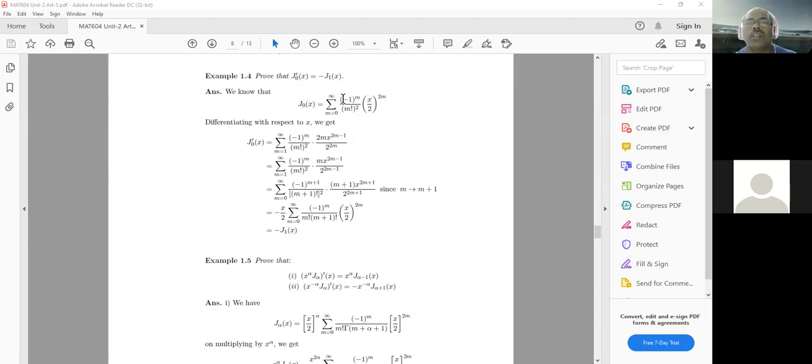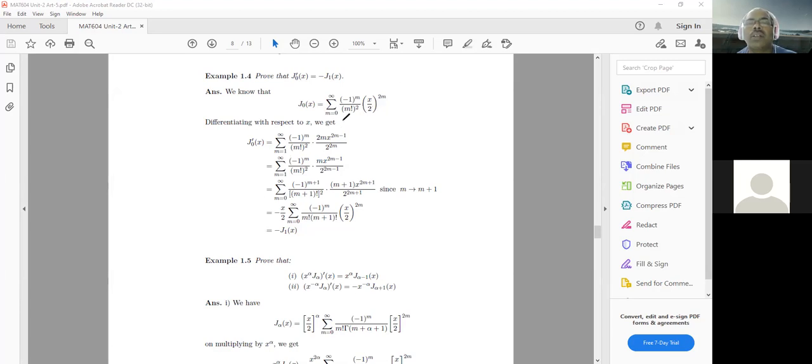In this series, minus 1 to the power m divided by m factorial square is constant, and the variable is this bracket x by 2 to the power 2m. We differentiate this with respect to x, taking term by term differentiation.